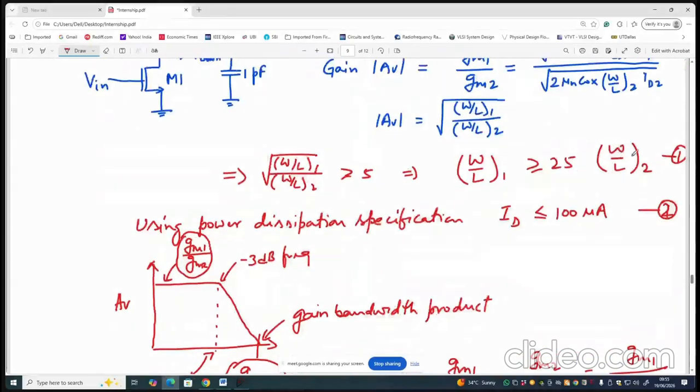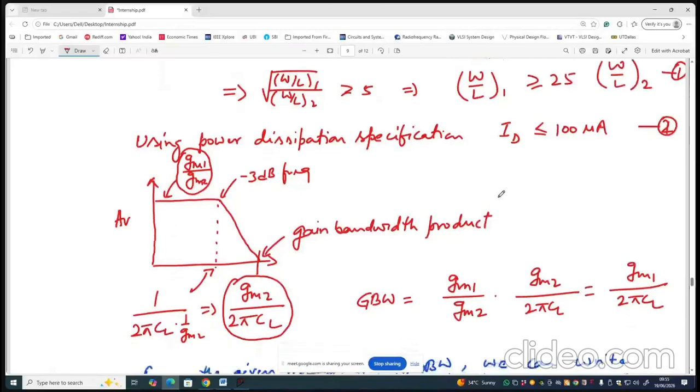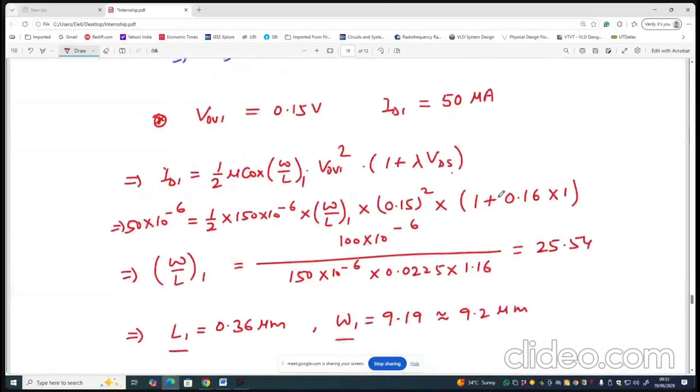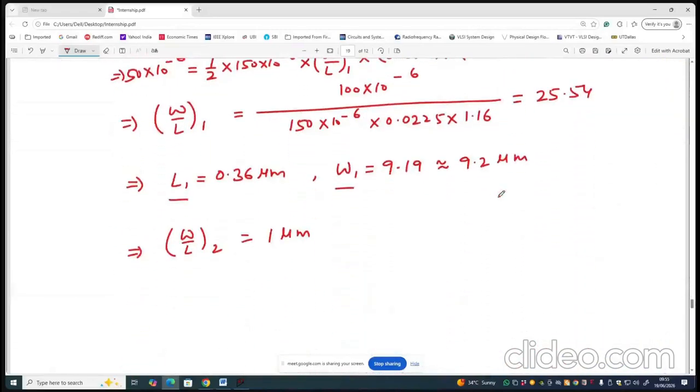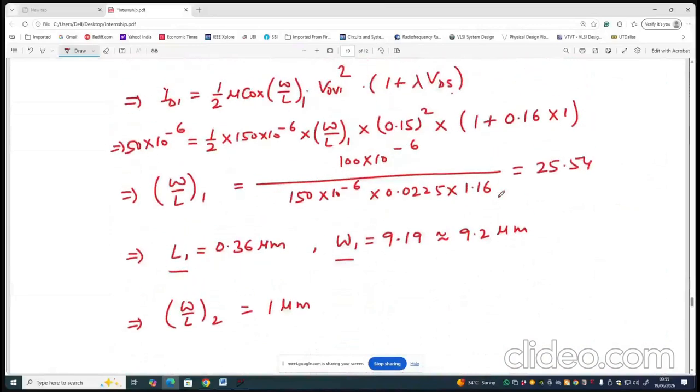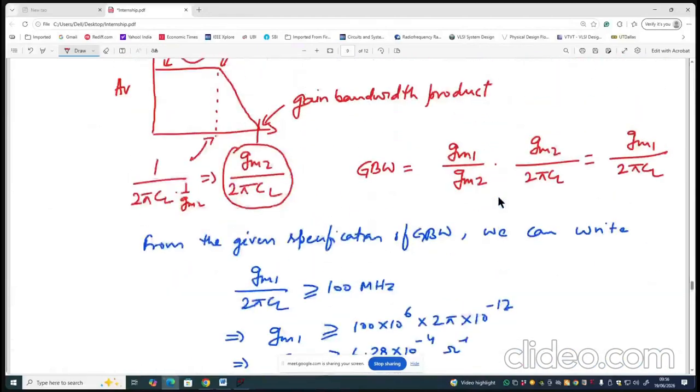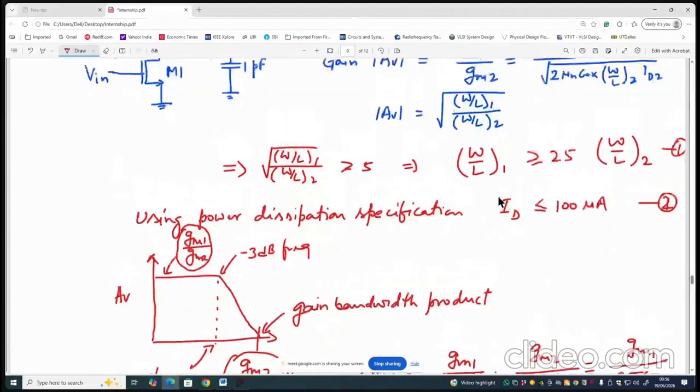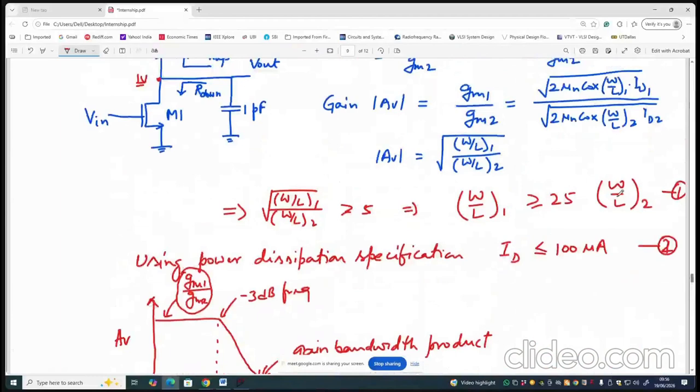W upon L2 is 1, not 1 micrometer, this will be a unitless quantity, no? So W upon L1 is greater or equal to 25 times W upon L2. Can we do that? Do you see this relation?